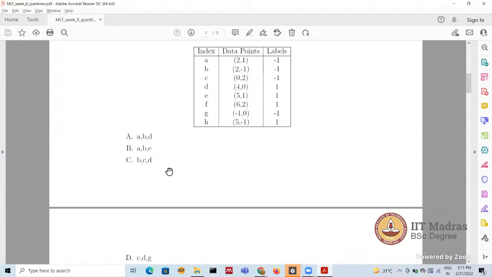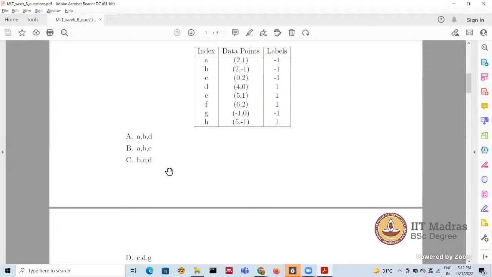For me, it is coming D only, not E. I got it as ABD. Getting AB is because for all the positives, the x-axis value is greater than 4: 4, 5, 6, 5.